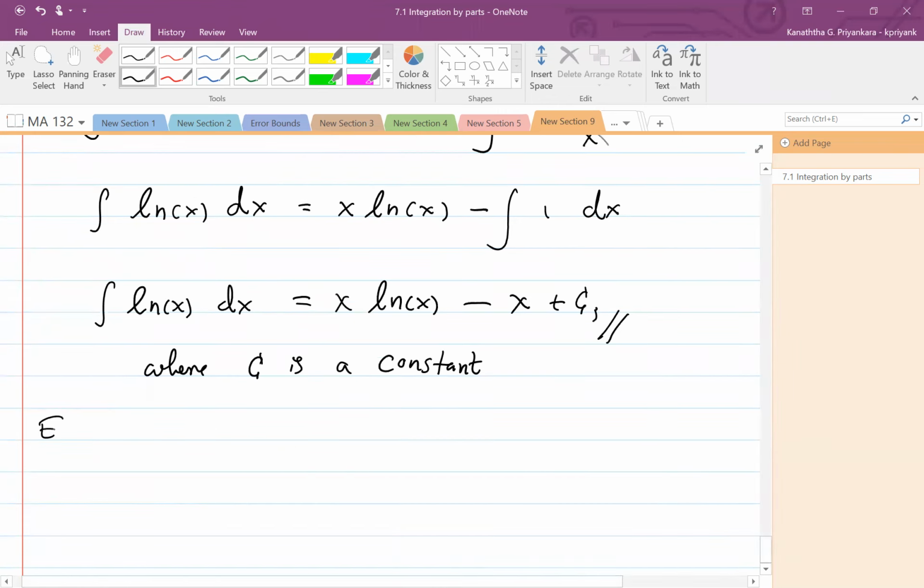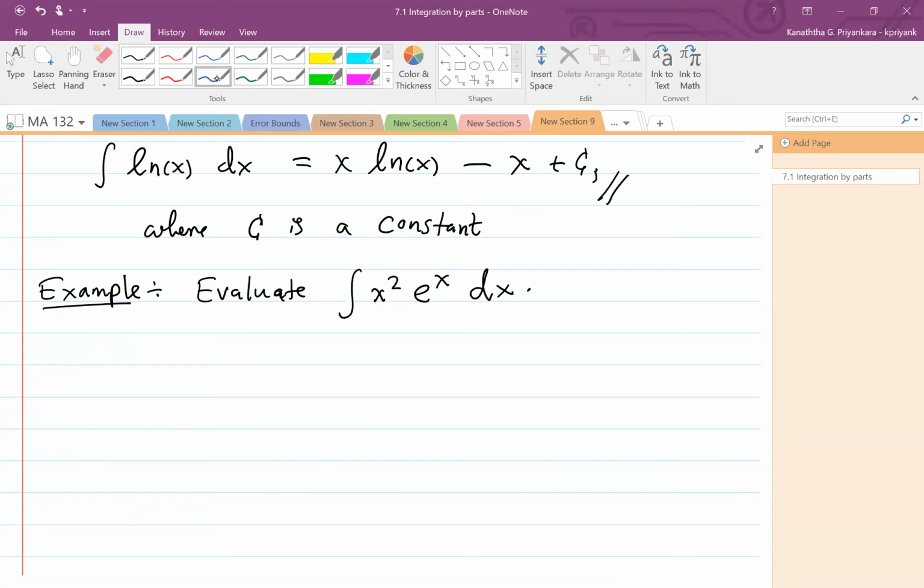Evaluate the integral of x squared e to the x dx. Again, we have an x squared term, so I will choose that as u, and then e to the power x dx is dv, because we know the antiderivative of e to the power x.